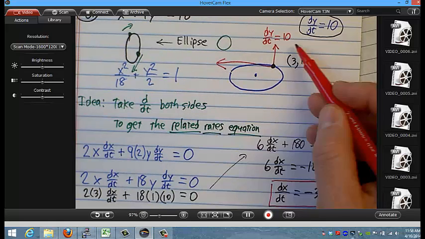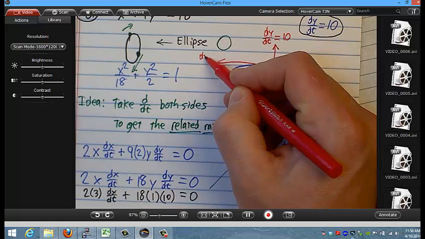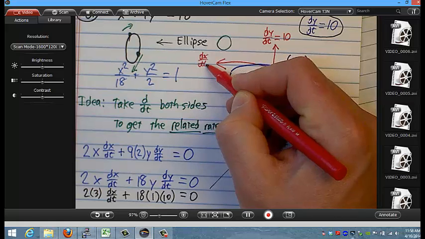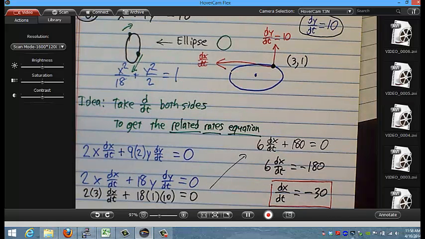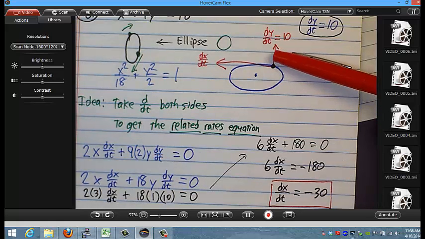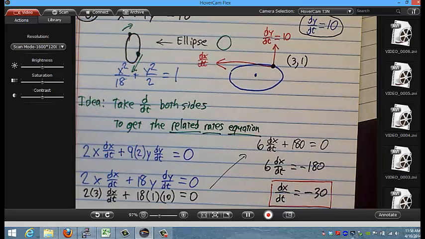If that's 10, then here's what I just learned. dx dt is negative 30. And you can kind of see that from the path it would take on the ellipse, that it's going to move faster left than it will up. It only has a little bit more to go in the upward direction, and then it starts coming back down. You guys see that? So I think that's a nice way to visualize related rates.